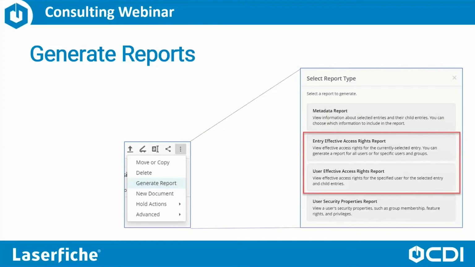Right. Next, we are going to look into generating reports. As I had mentioned, security can get very complicated and managing access rights can become quite difficult. So Laserfiche has a couple of reports available for managing entry access rights.